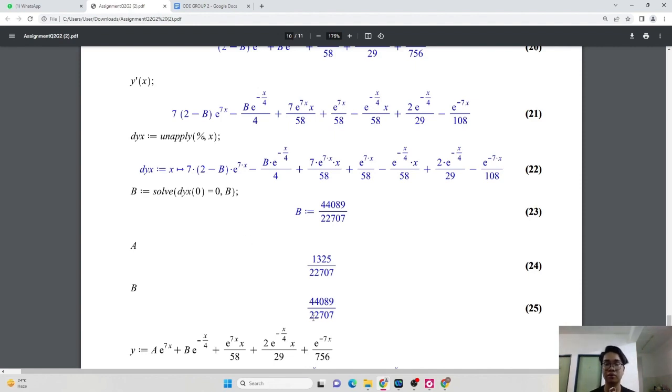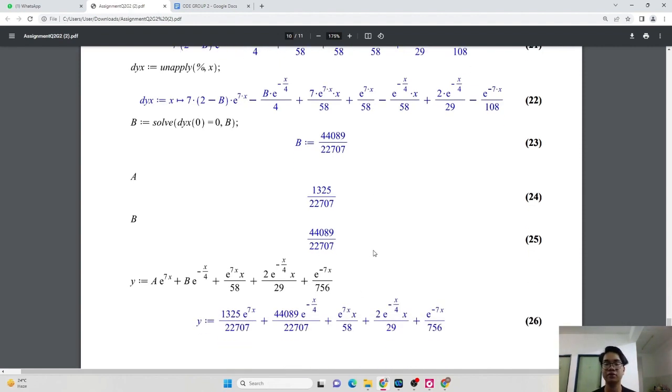And the 24th step is we just write A, and the answer we get is 1325 over 22707. And the 25th step is B, and the answer is 44089 over 22707.